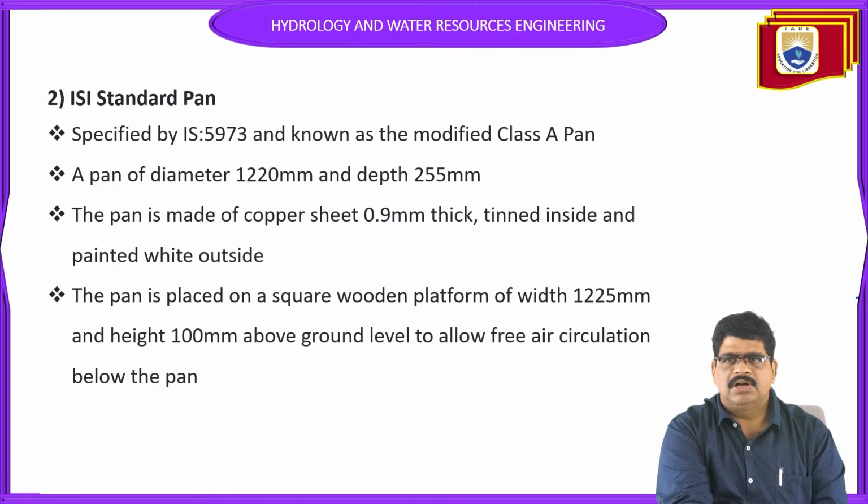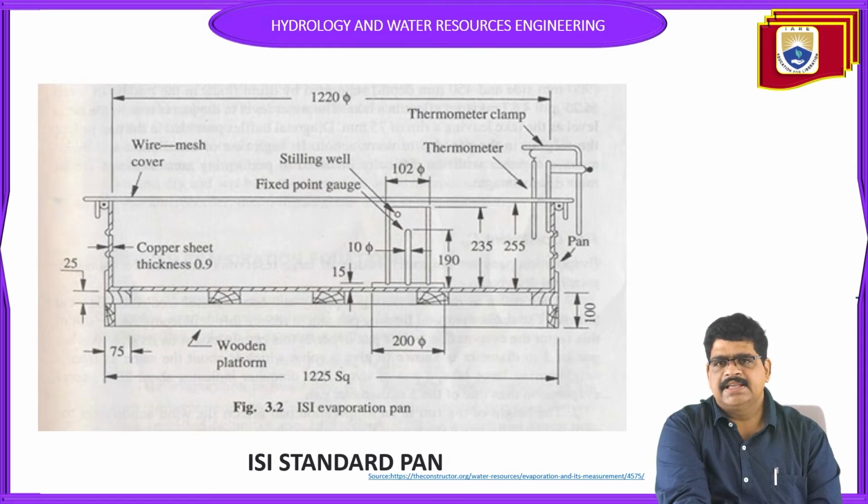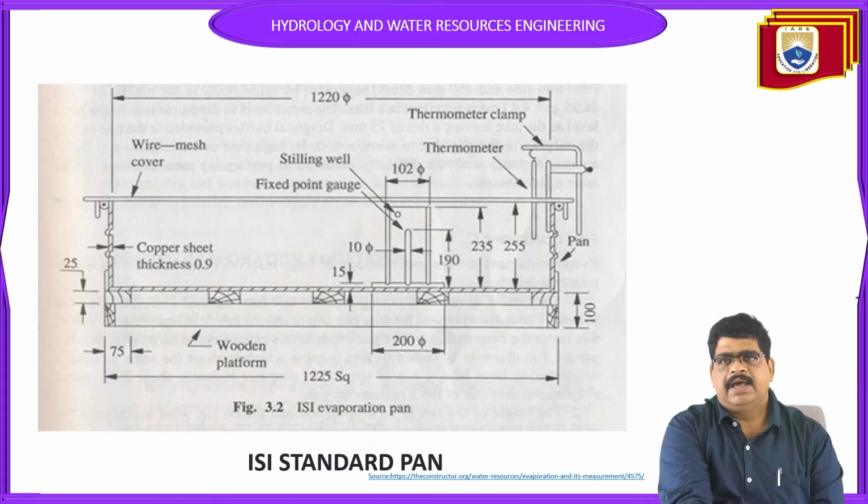Above the ground level, this allows fair air circulation below the pan. Next, this is a simple diagram which I collected from the textbook. Here the ISI standard pan is 1220 mm, as previously explained, and a 100 mm wooden frame is provided at the bottom side. Also there are some levels provided, a stilling well for the water measurement, and a fixed point gauge is provided here.